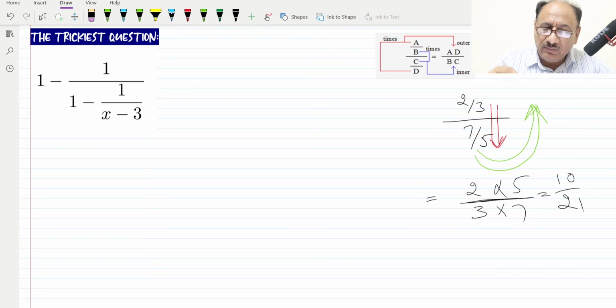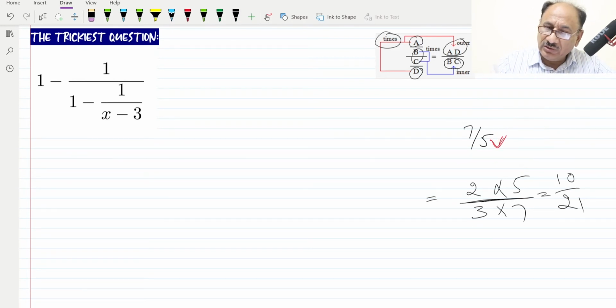A technique you can keep in mind is that you multiply A and D, the outer ones, and write that as the numerator, and multiply the inner ones, B and C, and write that as the denominator. So this is one way of keeping this in mind.